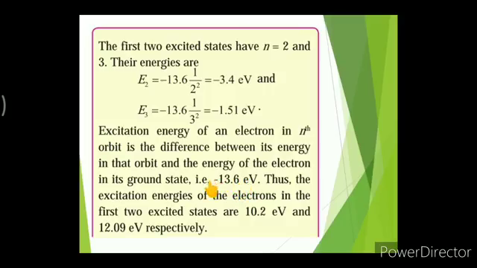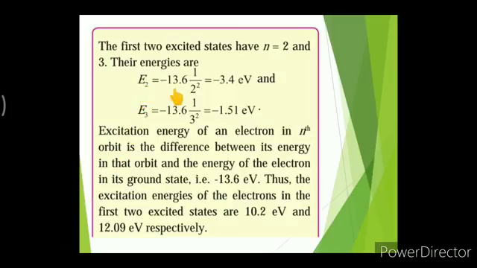So it is to be taken as minus 1.51 minus minus 13.6 electron volt. On taking the difference of these two, we are having the value 12.09 electron volt.